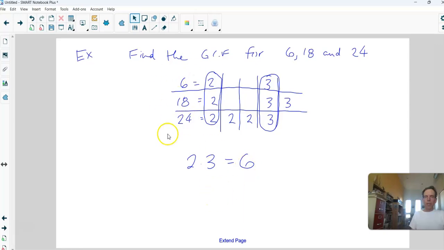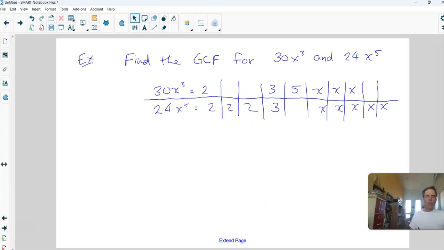So all these numbers, 6, 18, and 24, are all divisible by 6. And 6 is the biggest number that divides in evenly. 18 divided by 6 is 3. 6 divided by 6 is 1. 24 divided by 6 is 4. So they all divide in evenly, and 6 is the biggest one that does that.